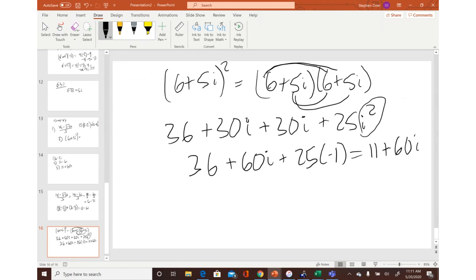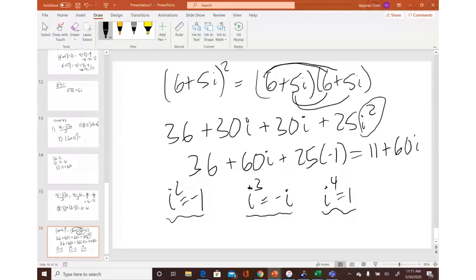What I was going to tell you that you need to know is that i squared is equal to -1. That i to the third is equal to -i. And that i to the fourth is equal to 1. There's a whole series of problems involved by what is i raised to a certain power.